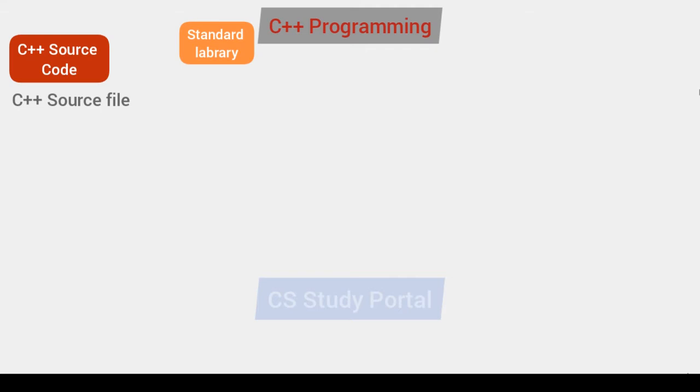In a C++ program you can use the features provided by the standard library and write the code. Now this is about the features provided by C++. In C++ you can also create a feature and share it with other programmers.